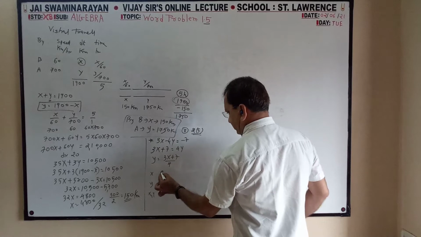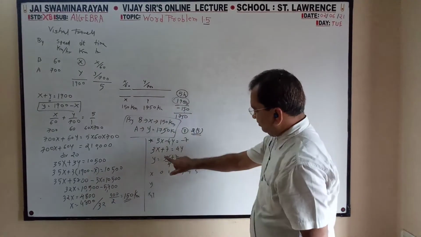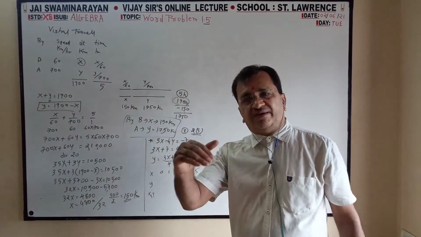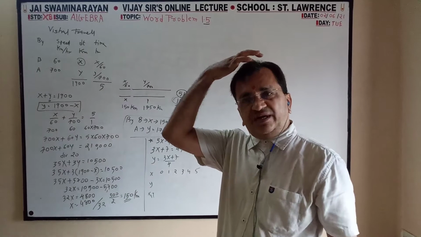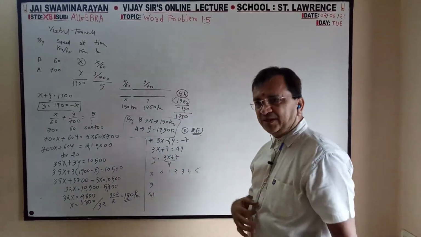X we will consider 0, 1, 2, 3, 4, 5. Suppose x is 0: 7 by 4 is 1.75.